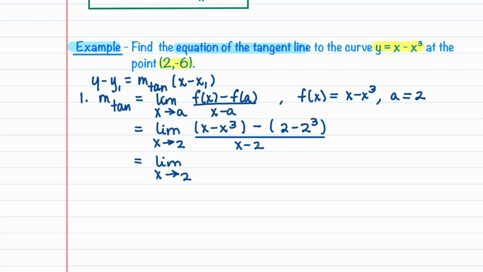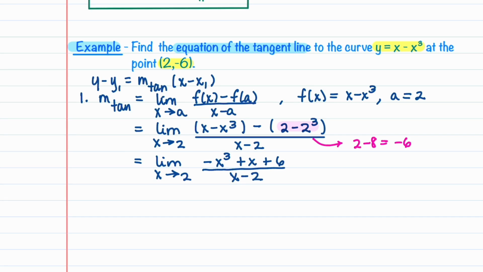I'm going to write this as minus x cubed plus x, and then let's calculate what this is, and then we'll plug it in. This is 2 minus 8, which is minus 6. So we have a minus 6, so that gives us a plus 6, all divided by x minus 2.